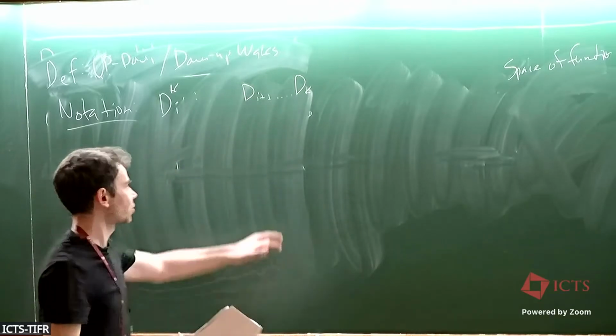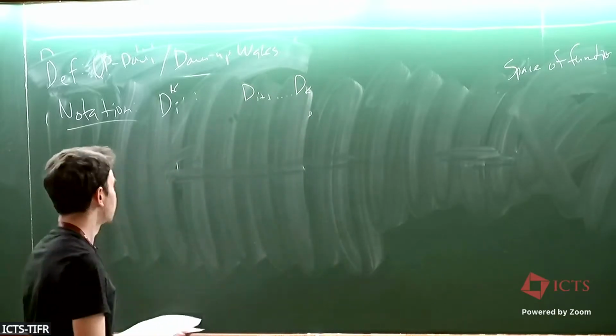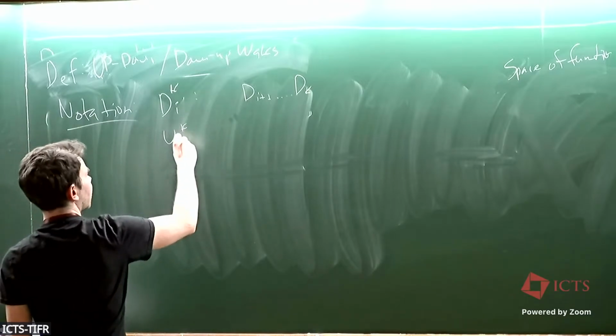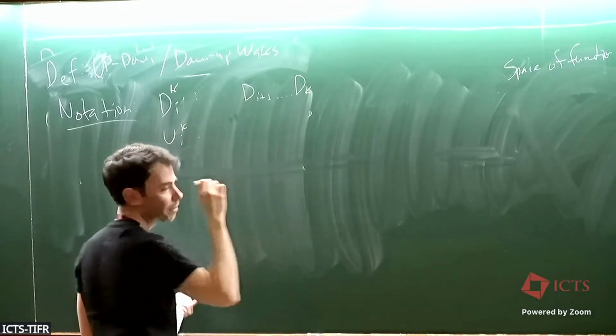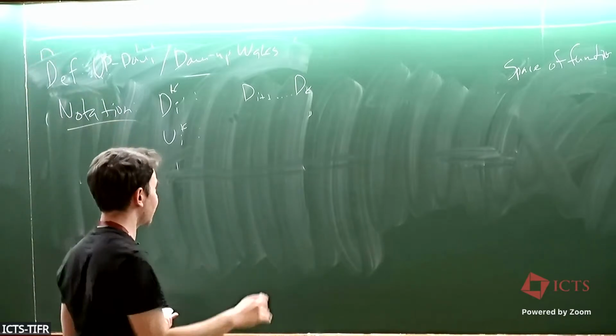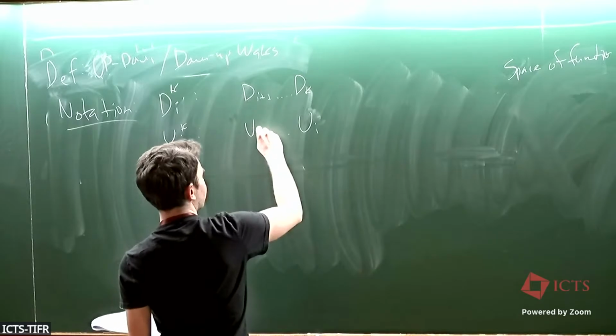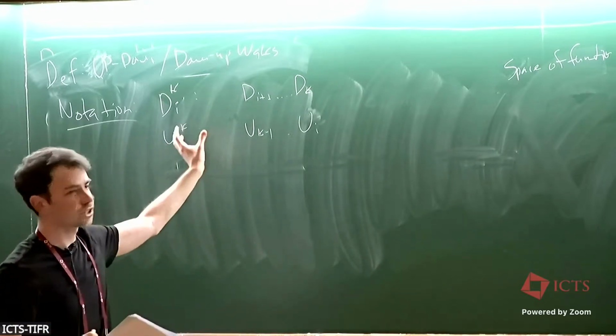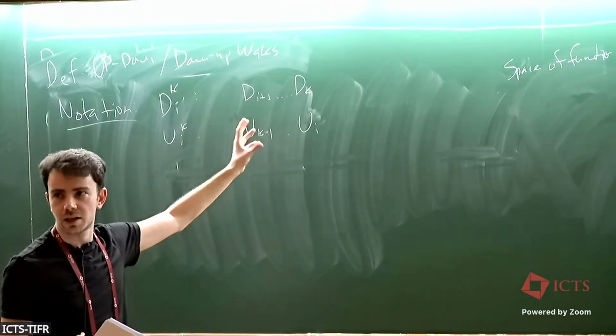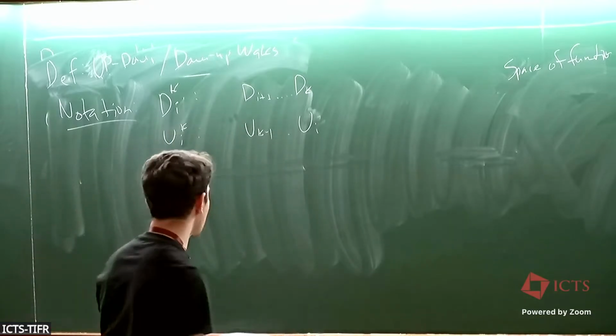That would map a function on level k down to level i. And u_i^k will map a function from level i up to level k. So that will start at u_i and go to u_{k-1}. These are just the compositions. If you think of these as matrices, I'm just multiplying them.